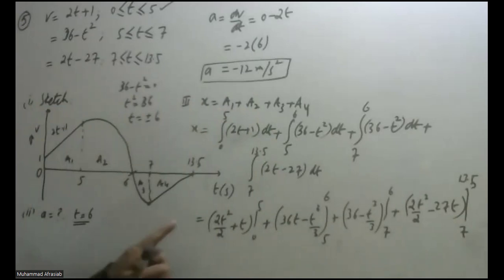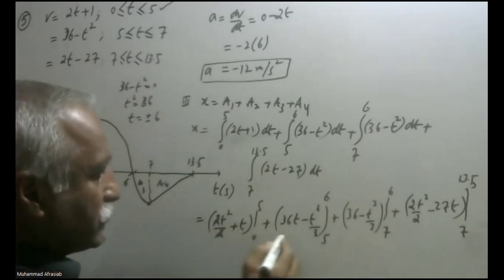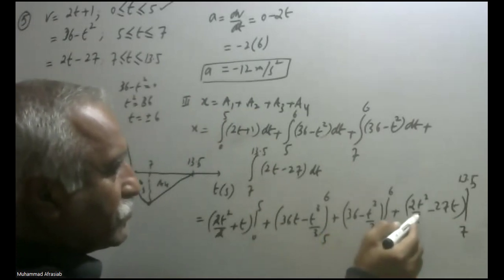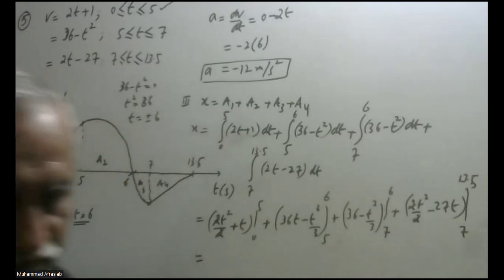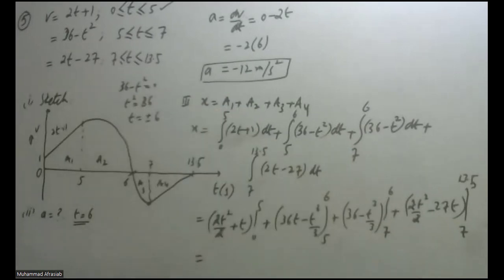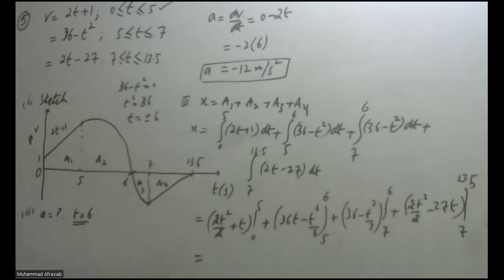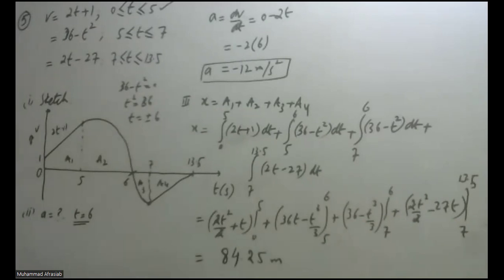So first, these are the upper limits and these are the lower limits, and when you put all these limits into this equation, then our final answer would be equal to 84.25 meters, the total distance traveled by that particle.